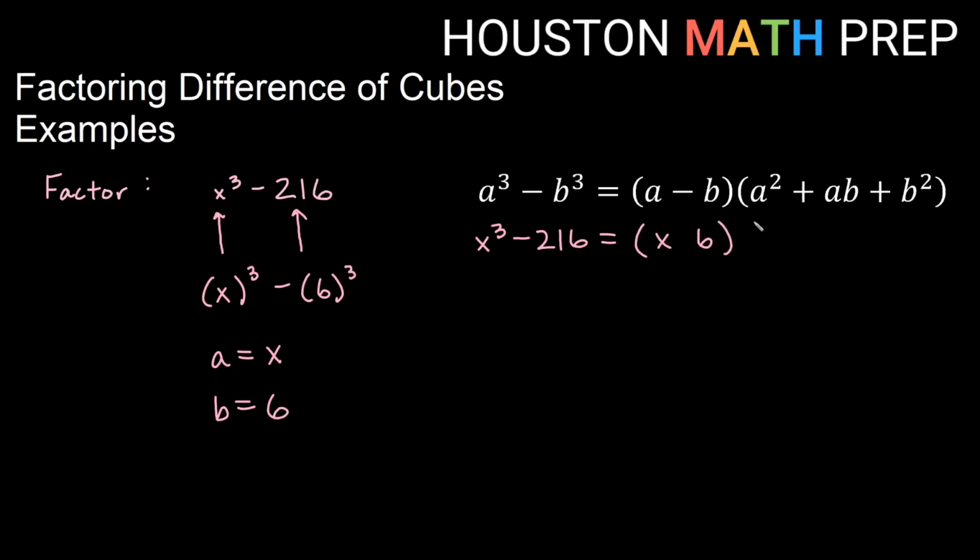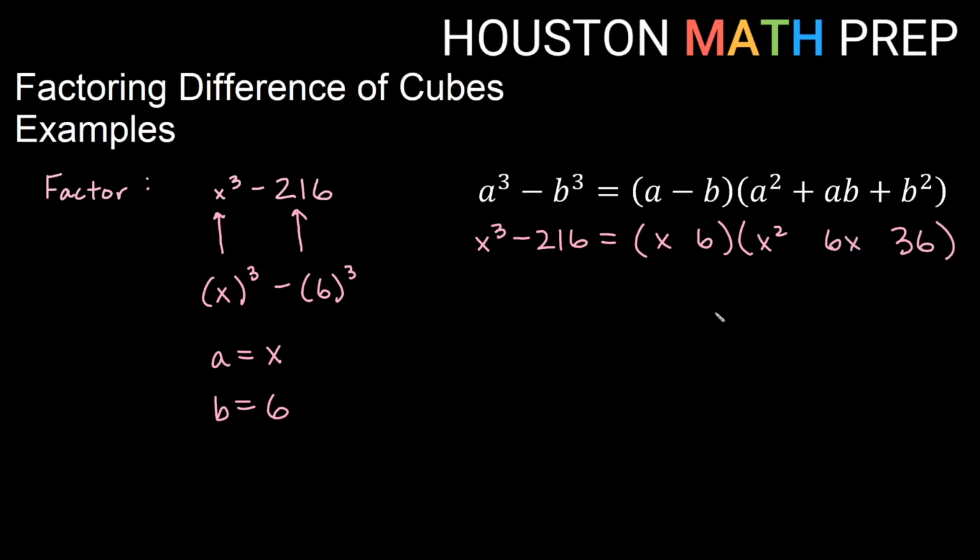The square of the front goes in front, so x squared. If we have 6 and we square that, the square of the back goes in back, that gets 36 for our last term, and then x times 6 multiply in the middle will give us 6x.